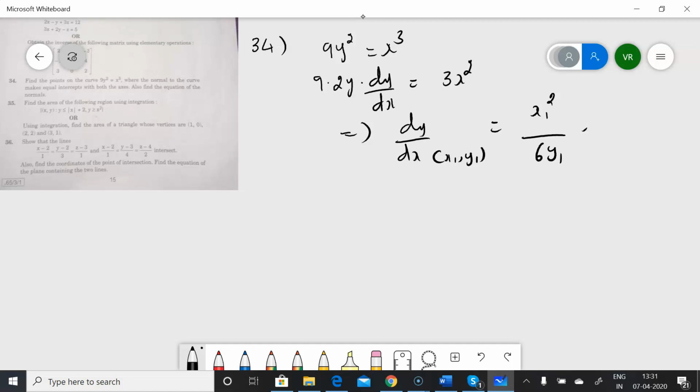Since it makes equal intercepts, the slope of the normal should be equal to plus or minus 1. Therefore, 6y1 by x1 squared is equal to plus or minus 1.